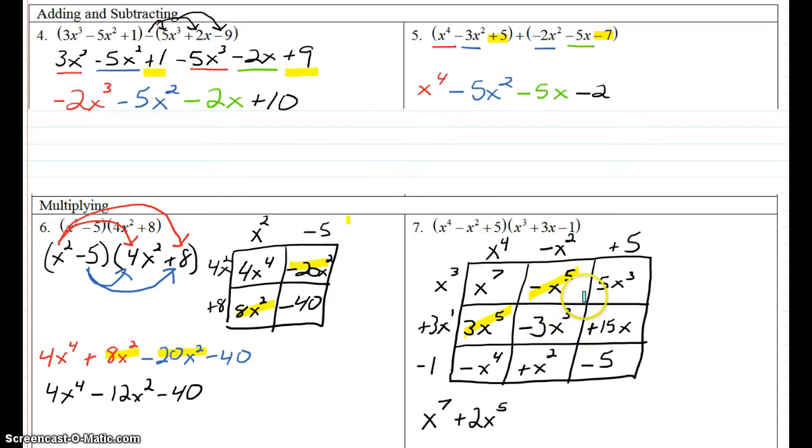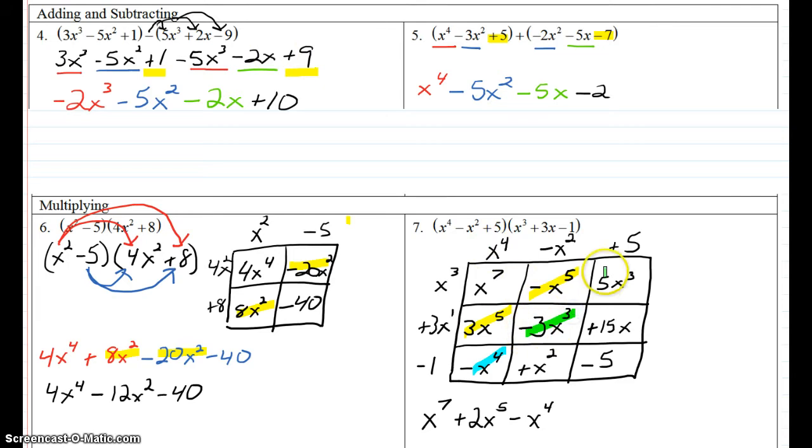Now let's look for an x to the 4th, which I have just this one. So minus x to the 4th. Now my x to the 3rd.